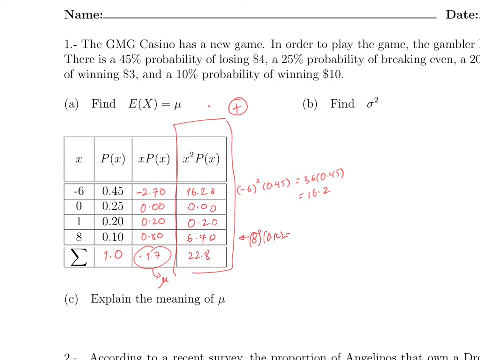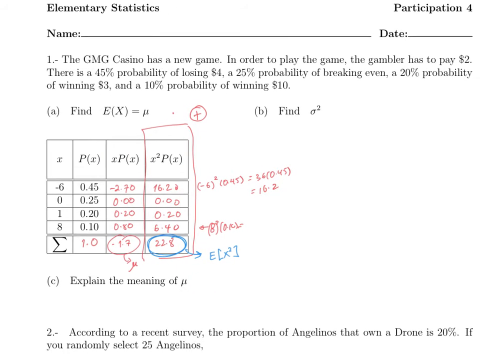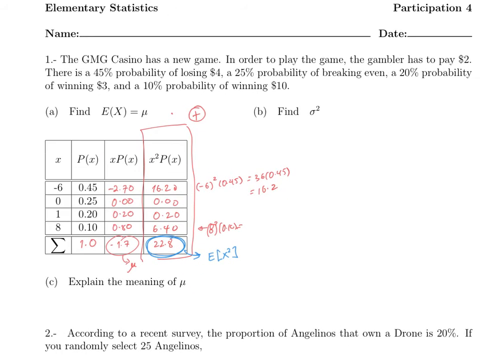Did anybody else get anything different? Or does everybody agree with that? All right, so now remember, this is not the variance. This is the expected value of x squared. And to find the variance, the formula is the following. The variance is equal to the expected value of x squared, which is this value we just found, minus mu squared, which was the first value we found.